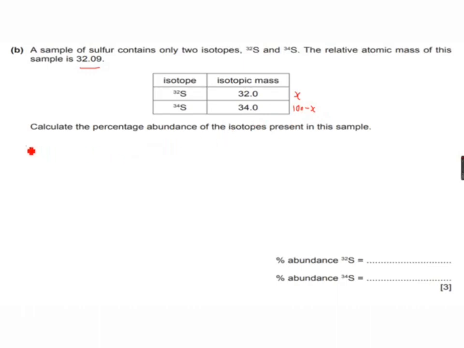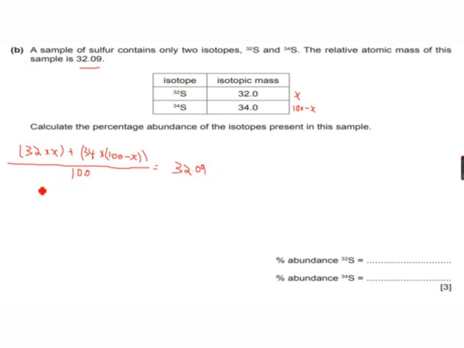So this means that 32 times x plus 34 times 100 minus x over 100, because the 2 percentages add up to 100, is equal to 32.09, which is the relative atomic mass.